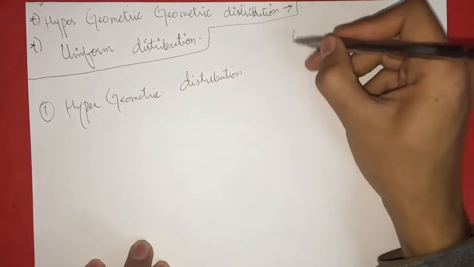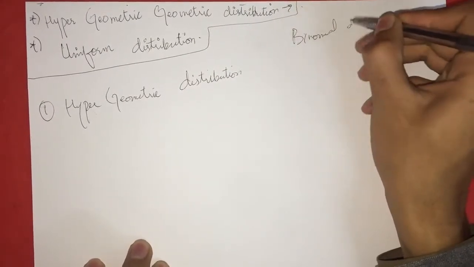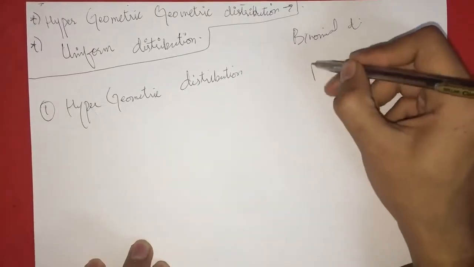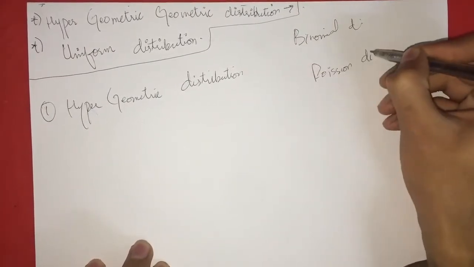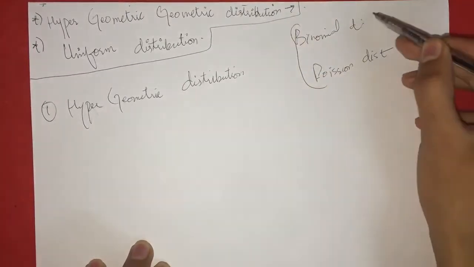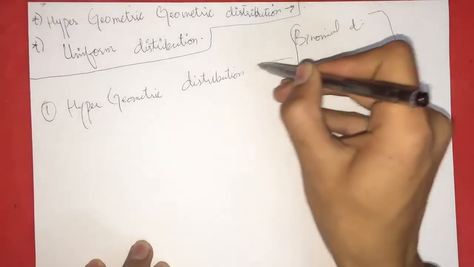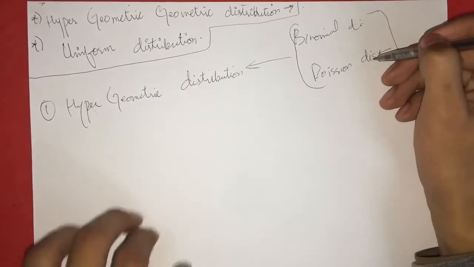So we have already studied our binomial distribution, and we have studied our Poisson distribution. I have already discussed what is the difference between these two, the binomial and Poisson.